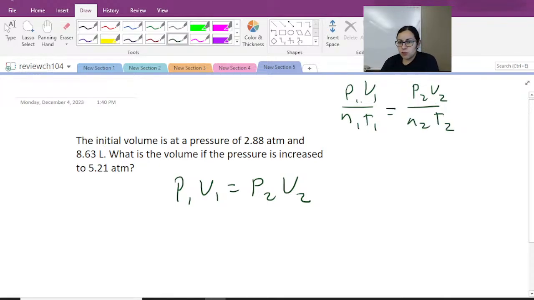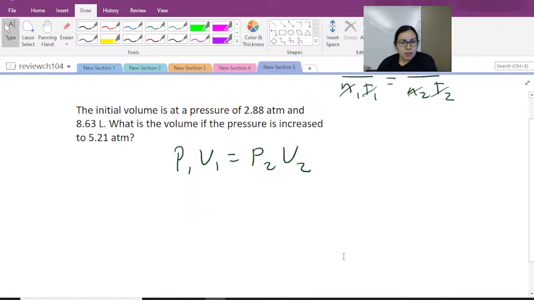And of course, we can derive P1 V1 equals P2 V2 since it didn't mention N, so that's probably held constant. No temperature change, so all those go away in this case. So excellent. Now we just have to plug in our initial conditions and figure out our new volume. And then double check your units. It doesn't matter as long as they're the same. So atm, atm, that works. So we'll be calculating in liters. That's all good.